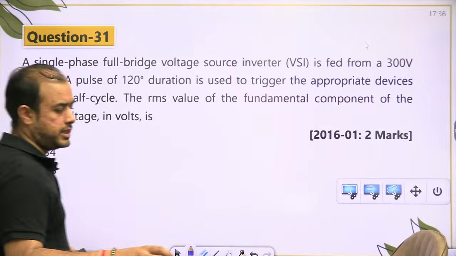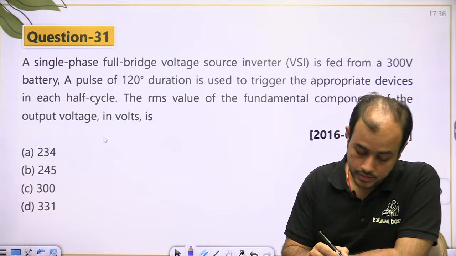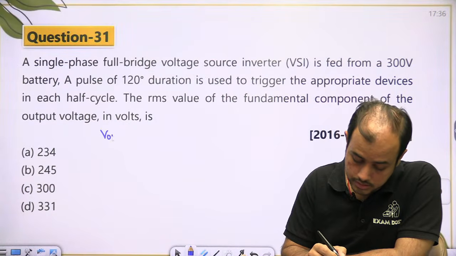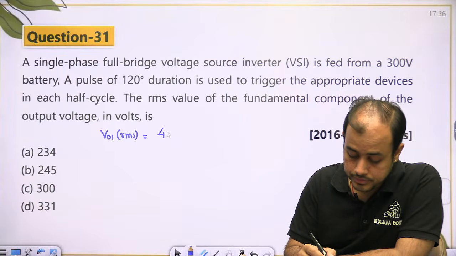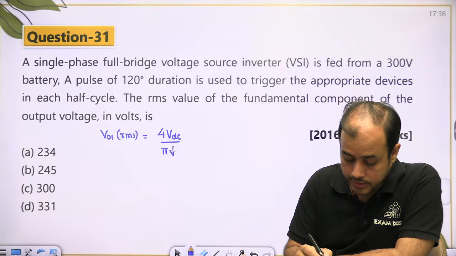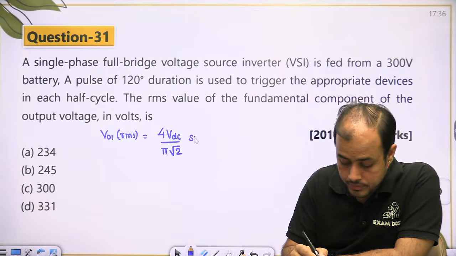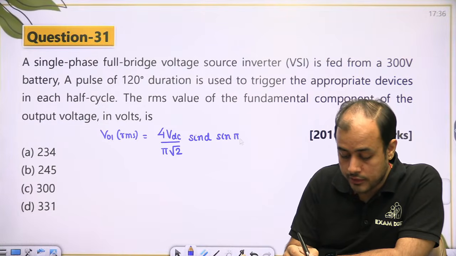Have we already done the one from Subhadeep bhai? The RMS, or peak divide by root 2. This is from the Fourier series.